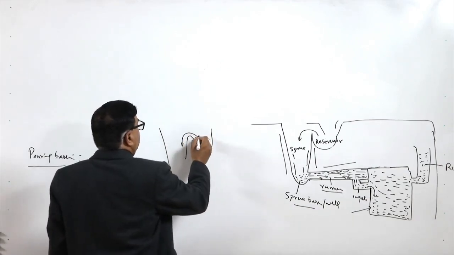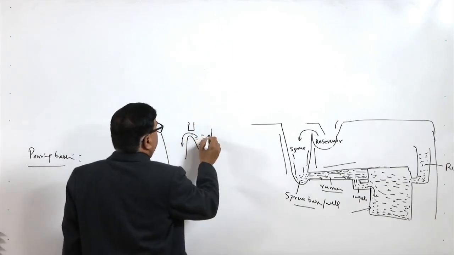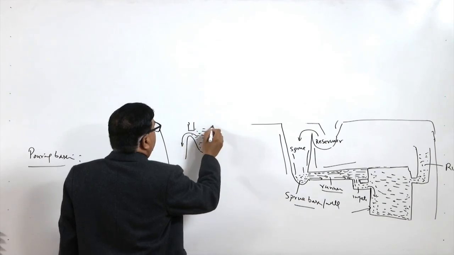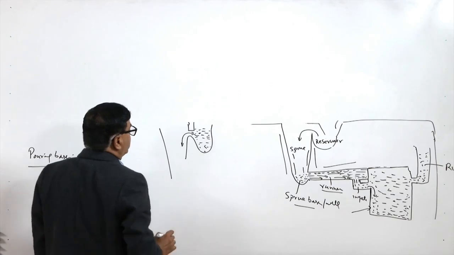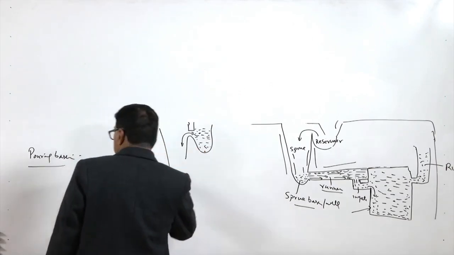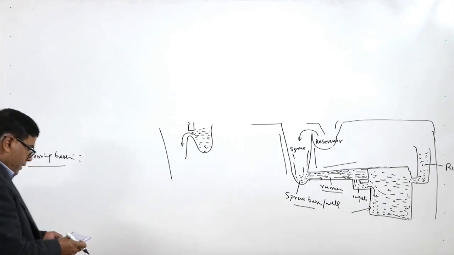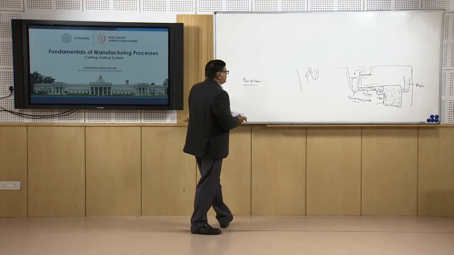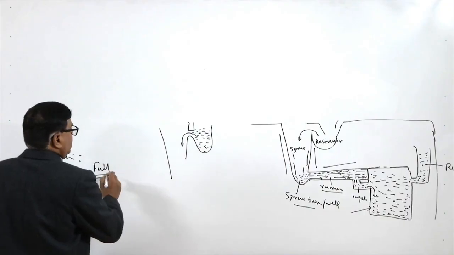In another design, we put some obstructions, so that when the molten metal is filled in the pouring basin, it filters the dross and the impurities, thereby feeding cleaner molten metal into the mold cavity. For this purpose it should be full of the molten metal.